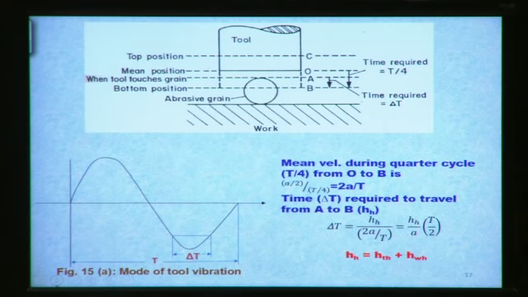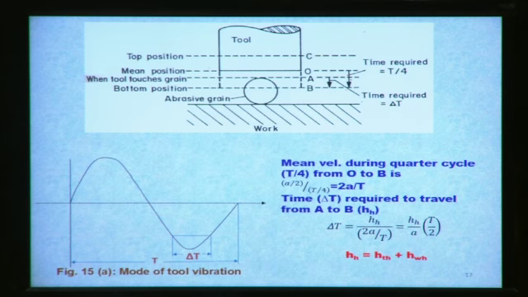So what is the mean velocity during the quarter cycle, T by 4? From here to here it is T by 4. What is the velocity here? At this point the tool is going to the amplitude amount, so it is moving A by 2. So the amplitude of vibration is A by 2 here.